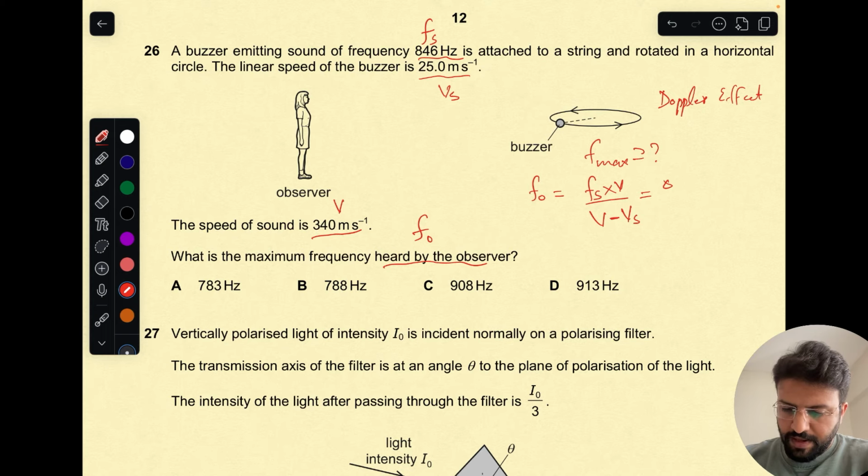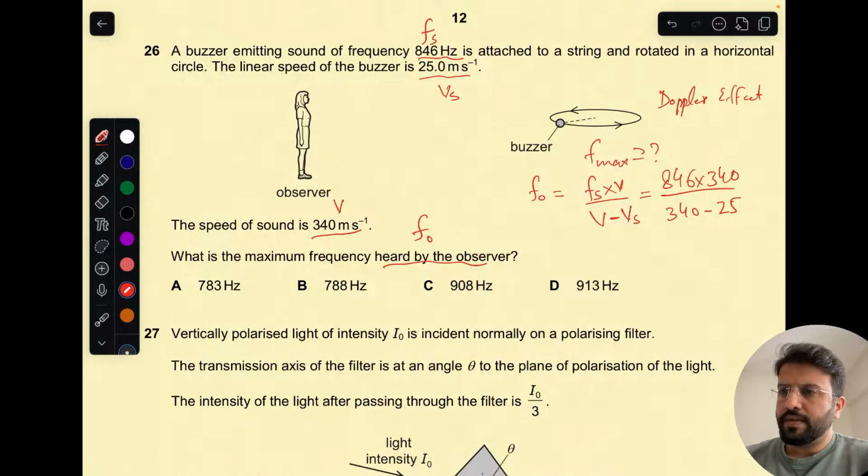You just have to put the values: 846 into 340 divided by 340 minus 25. This will give you 913.